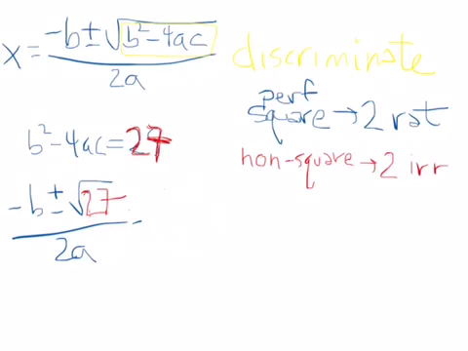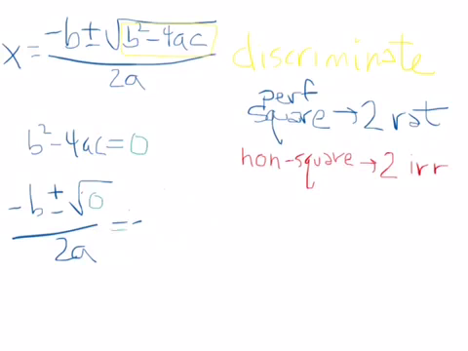Let's see what else could happen with this. Instead of it being 27 or something like that, a perfect square or a non-perfect square, what if it ends up being 0? It could end up just being a 0. So notice it would be negative b plus or minus square root of 0 over 2a.